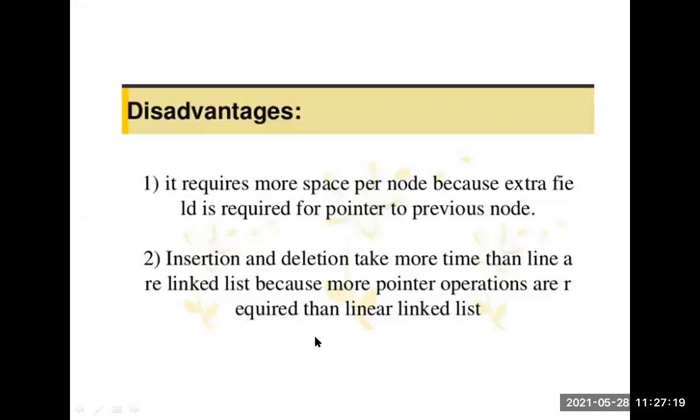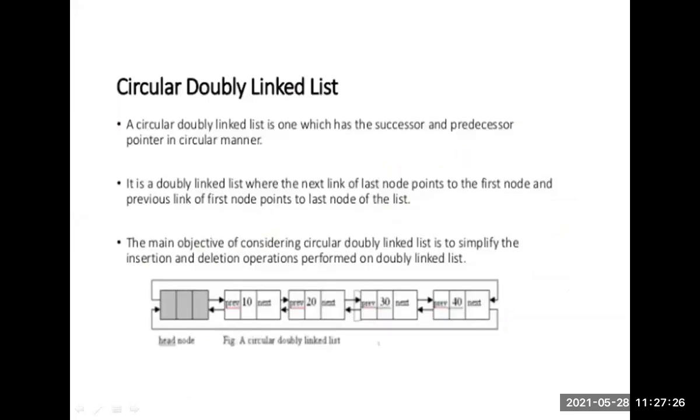Next, the last one is the circular double linked list. So what is a circular double linked list? A circular double linked list is a variation of the double linked list in which every node in the list has three fields: info field, left link and right link.